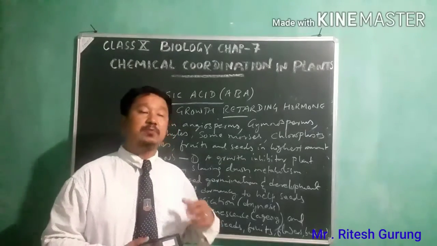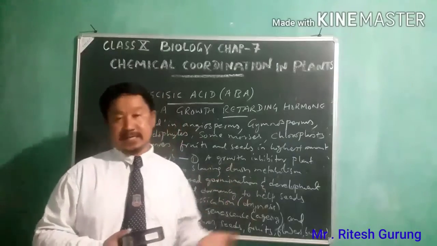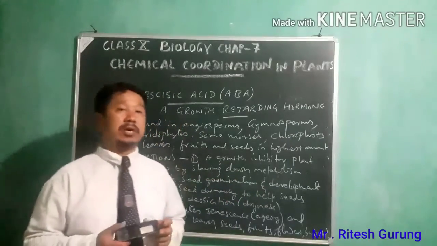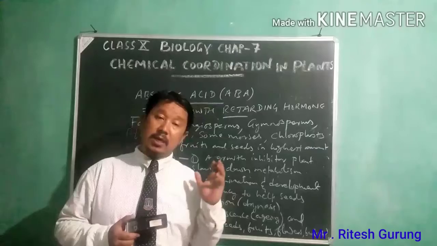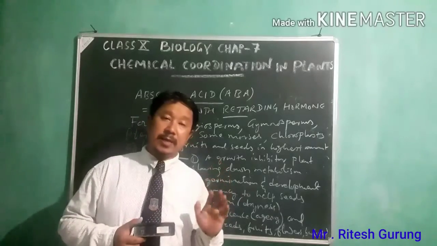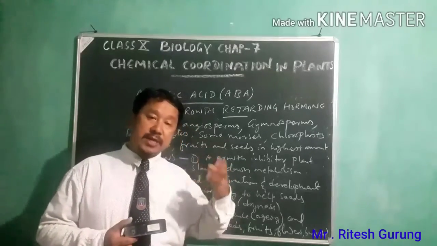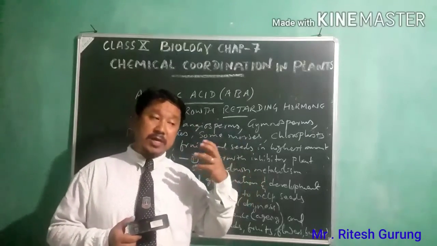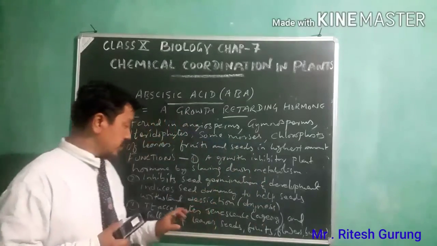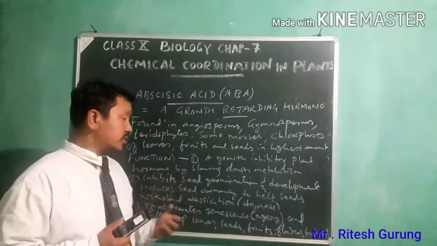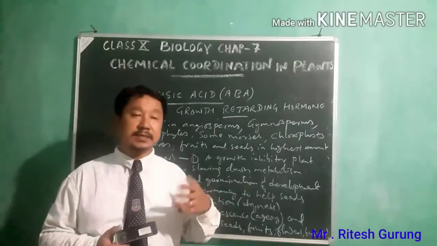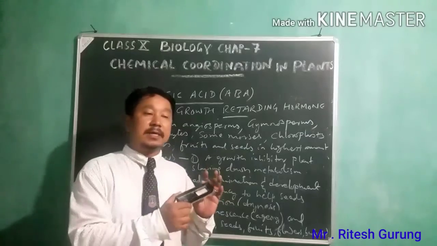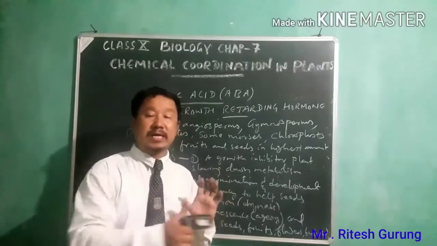That means it promotes aging. Those hormones, as you had talked before, like auxin, gibberellins and all, they check aging, but contrary to that fact, this hormone promotes aging, accelerates aging, so that the plants get older quickly.